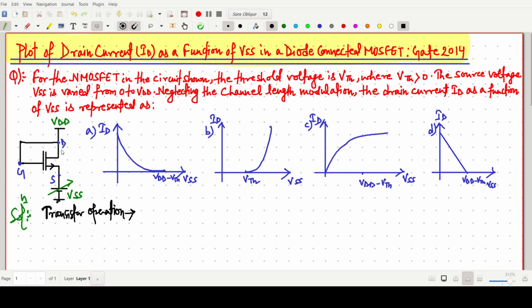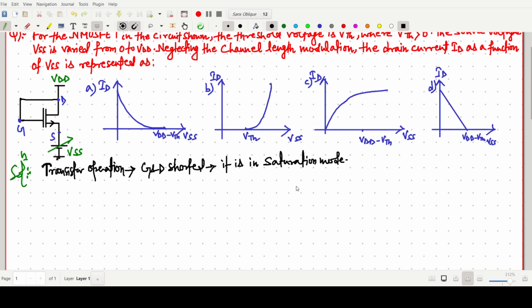When gate and drain are shorted, it is in saturation mode. How? I will show you. First, as we know, for saturation, drain to source voltage should be greater than or equal to VGS minus VT.